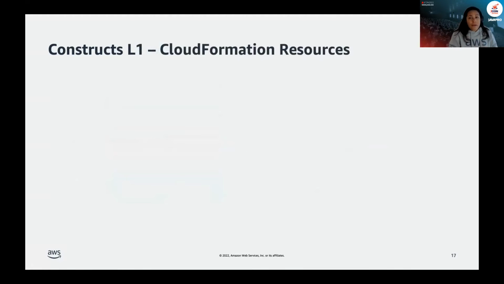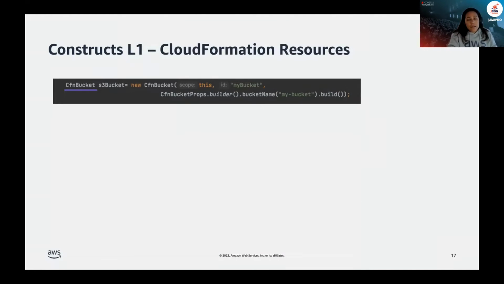So let's clarify this a little bit more with some examples. The construct level 1, as I said, is really a representation of a CloudFormation template. The naming of these constructs typically starts with CFN, so CloudFormation, and then the name of the resource that we try to create. In this case, I have here a CFN bucket, a CloudFormation bucket, and I'm instantiating this via the constructor, providing the scope of that, where that construct is going to live.